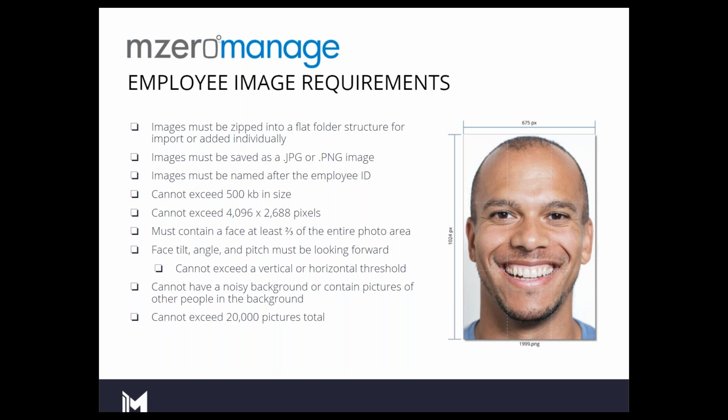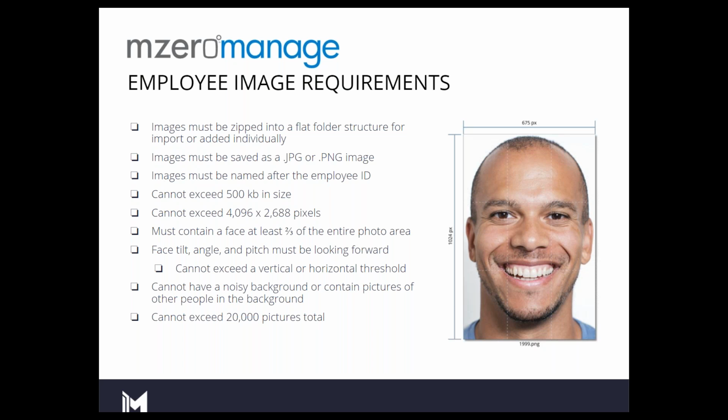The size. So the image you see here is a pretty good baseline. That's what we call the passport style photo. This image here is about 700 pixels by about 1100 pixels tall. That's pretty good size. Honestly, the algorithm that's performing the heavy lifting and the math on the face, this is where you're going to be within the right range.